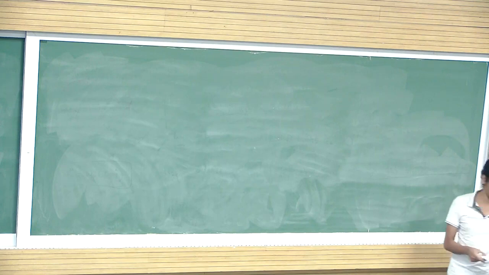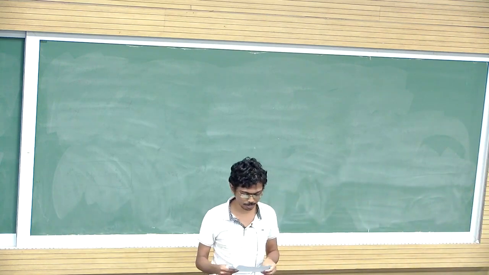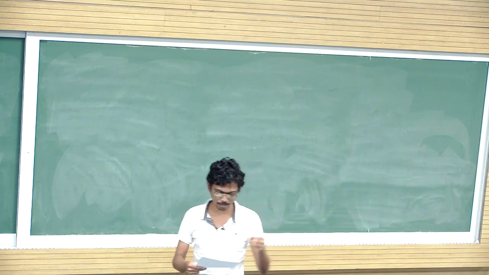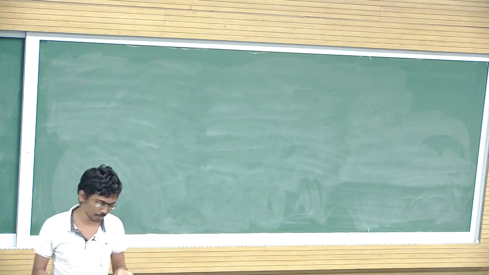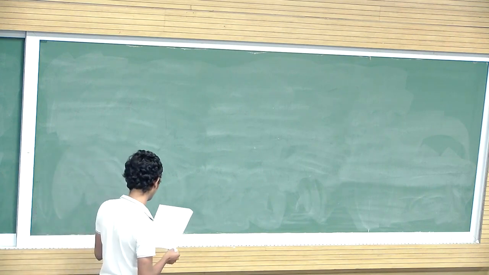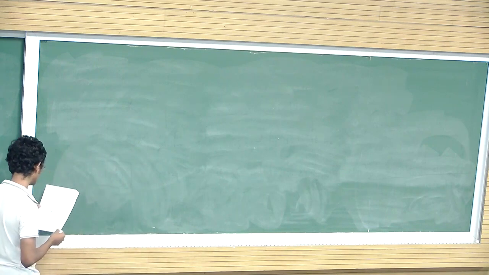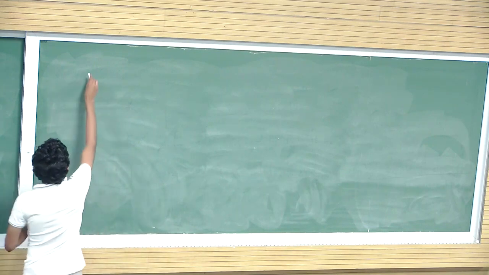But before that, I'll go through some very basic stuff about quantum field theory. This may be trivial to most of you, but I will go through it anyway because this will be the main ingredient for the later part of my talk.